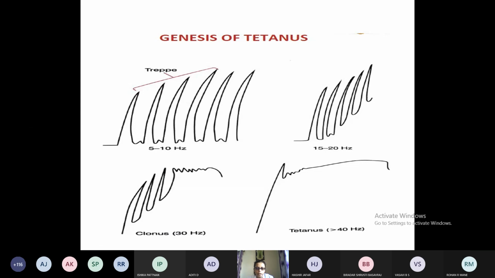So what is meant by contracture? Contracture happens when the contracted muscle fails to relax due to the lack of ATP, which is required for removal of calcium back into the sarcoplasmic reticulum, but it is a reversible phenomenon. And what is meant by rigor and rigor mortis?